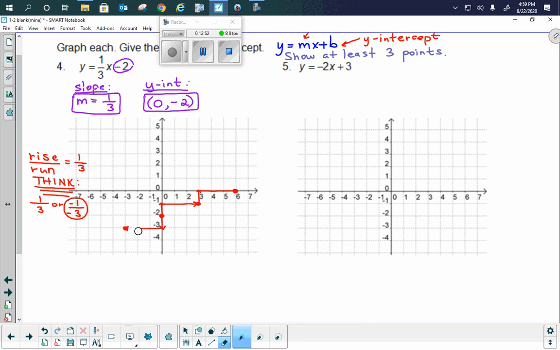If I use an eraser to try to clean it up a little bit so that you don't have so many things going on in here, you can maybe just see my 4 points that I now have. Okay, and then do your absolute best to connect those. Okay, you can do better when you're not on a smart board.